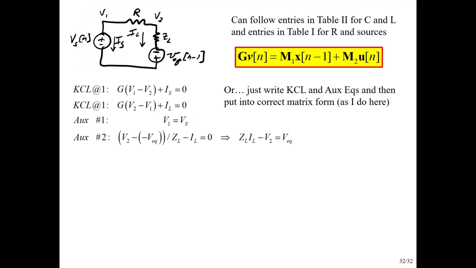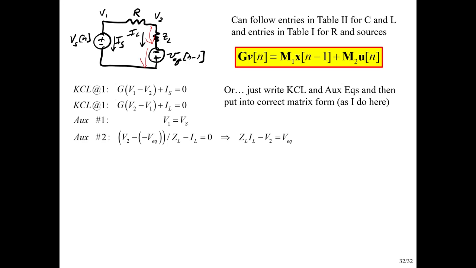And then auxiliary 2. So what is that? That's really just writing KCL right here. So I've got V2 minus VEQ, so that's V2 minus a minus VEQ. That gives me the voltage across there, divided by ZL, so that gives me the current flowing in this direction, minus IL.